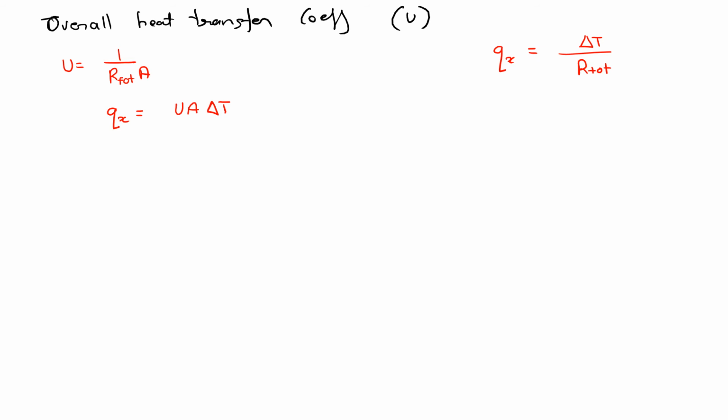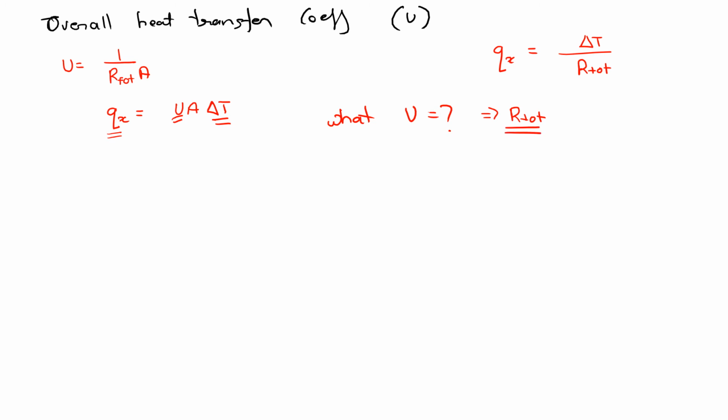Okay, so you might get a problem where you have U given, you know the delta T, and you might have to find what the heat transfer rate is. Or the other scenario can be that you are given a composite system and you need to find what U is, and for that you will have to find what R total is.